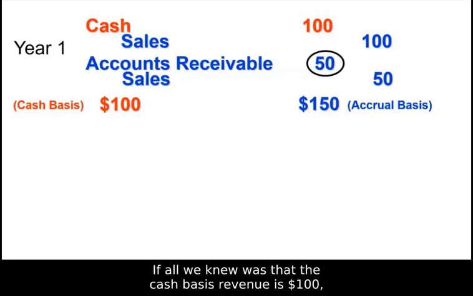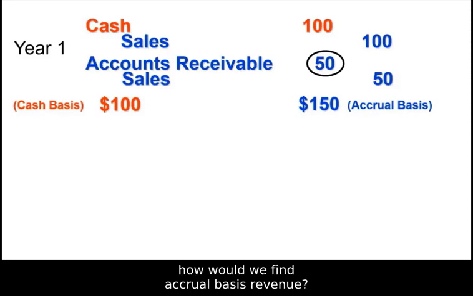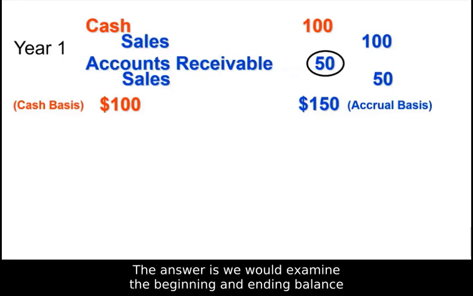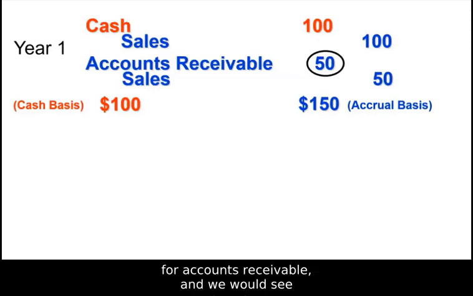If all we knew was that the cash basis revenue is $100, how would we find accrual basis revenue? The answer is we would examine the beginning and ending balance for accounts receivable, and we would see that accounts receivable increased $50.